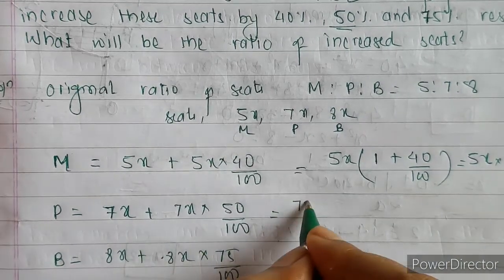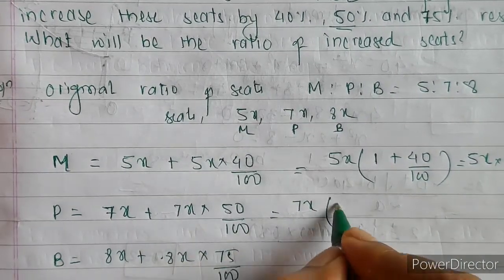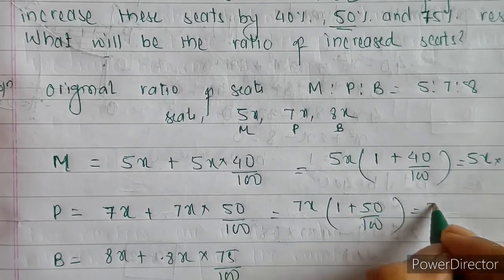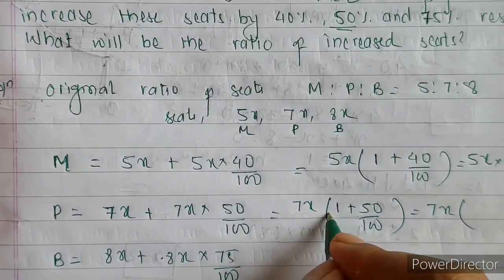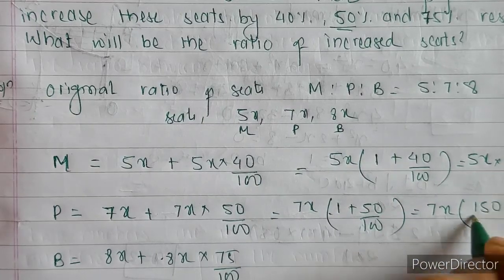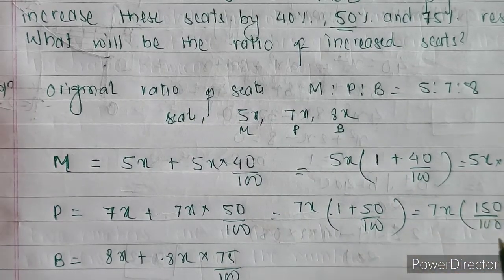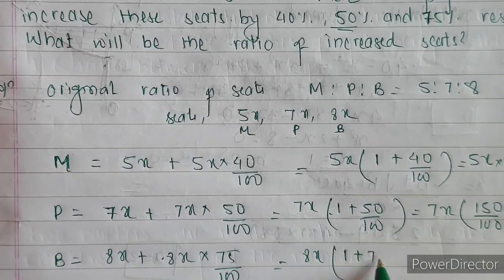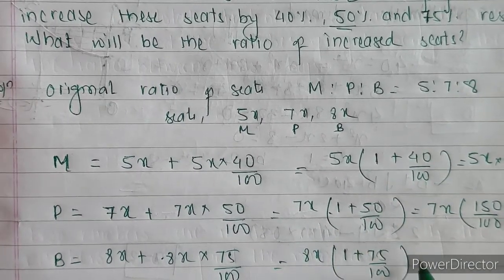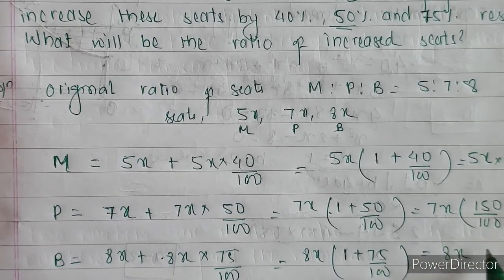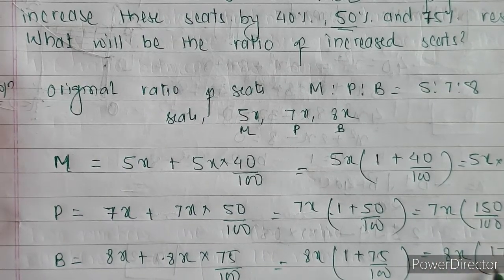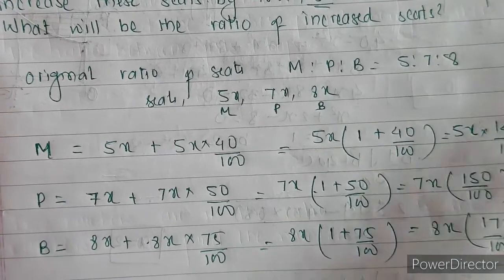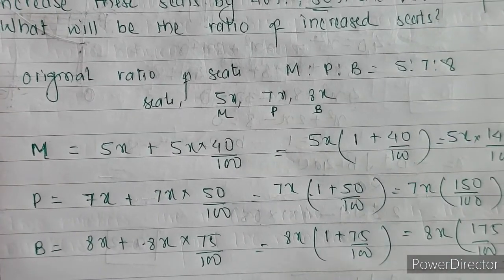Similarly here, taking 7x common, remaining is 1 plus 50 by 100. Taking LCM, this will be 100 plus 50, so 150 by 100. Here again 8x, so 1 plus 75 by 100, again 8x into 175 by 100. Right?